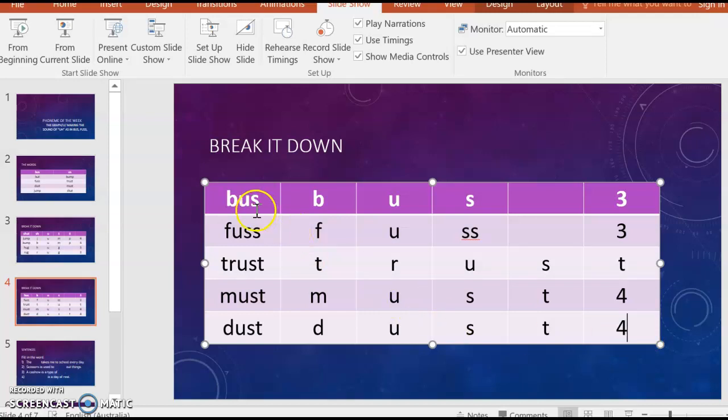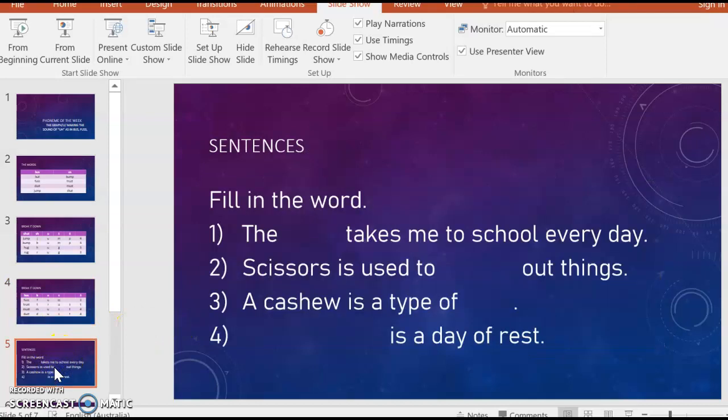Okay, so we've broken down bus, fuss, trust, must, and dust. Okay, so that's the breaking down of the phonemes.